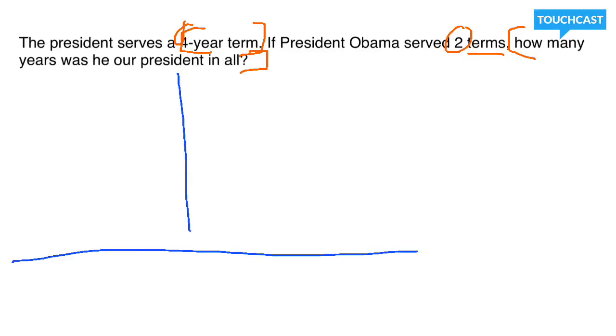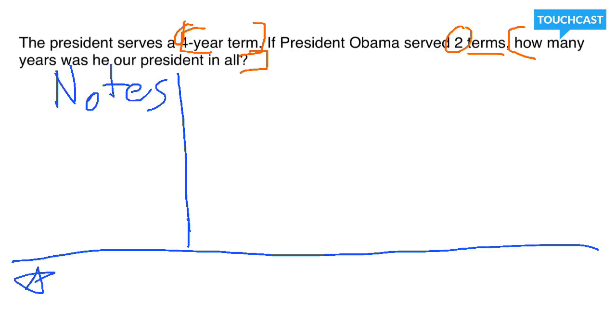So, let's go ahead, now that we know we are multiplying, set up for our notes, our work, and our answer sentence. So our notes, the president serves a 4-year term. So 4-year term.